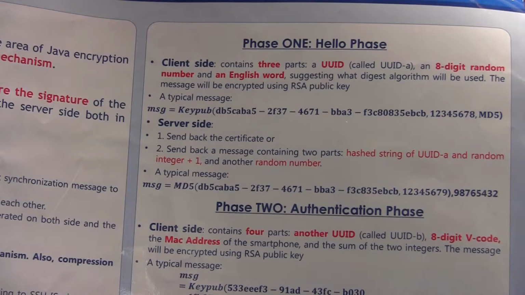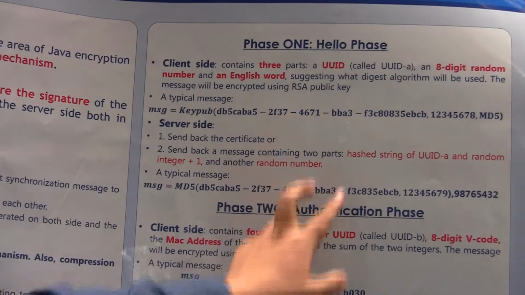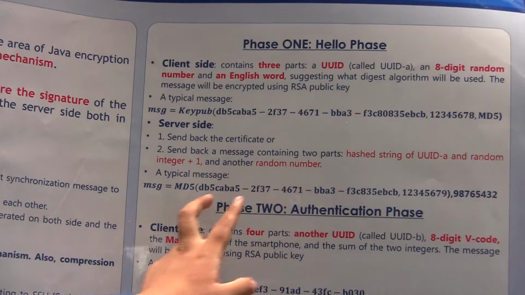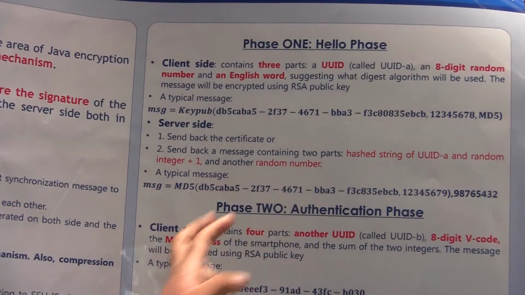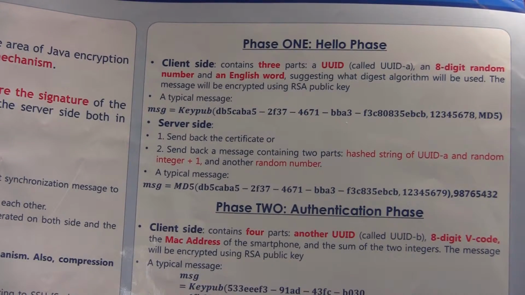This can be a totally different function, but it should be a one-to-one mapping. Okay, so this is the first part of the message. This is the MD5 digest, and there will also be another random number. This random number is generated by the server, and it acts as a nonce. This nonce will be used to protect the app from replay attack.